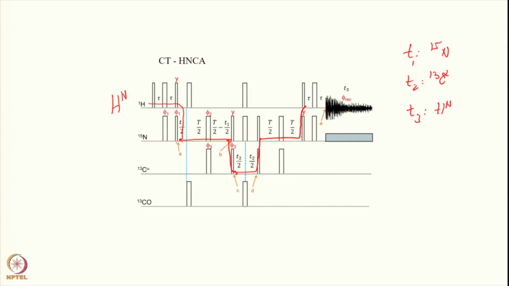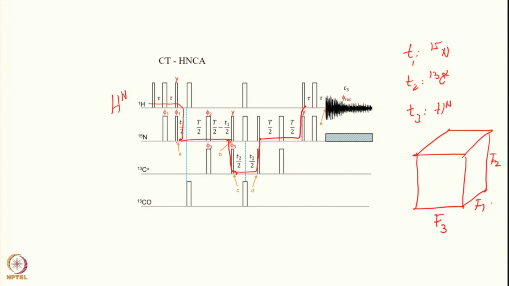Okay. Therefore after 3D Fourier transformation, what do you expect to get? Let us say if I call these F3, F1 and F2. What will be present in F1?